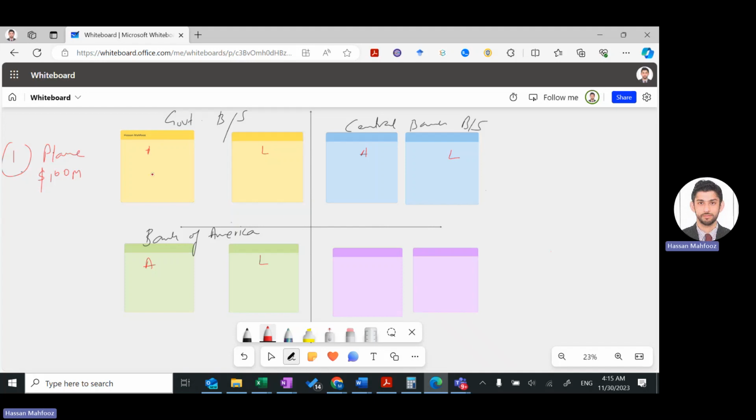So in step one, let's say we have the balance sheet of the government here, and we're starting with 0 assets and 0 liabilities.